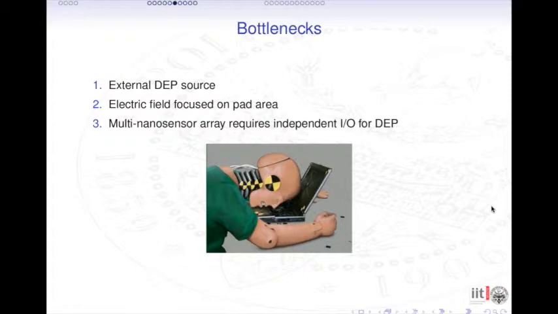Moreover, if we want to assemble different nanosensors on the same chip, so if we want to apply different DEP signals on different couples of microelectrodes, we need independent input-output for the DEP, and so we have to reserve some I/O, some pads of our chip, only for the DEP process.